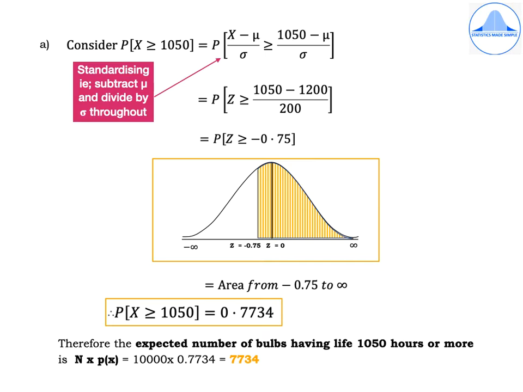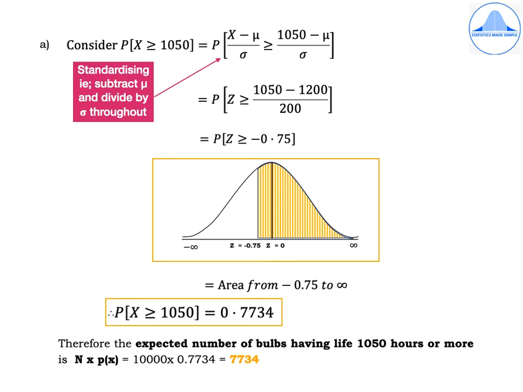Now let's draw the standard normal curve. The center line is z equal to 0. The extremities are minus infinity and infinity. Now minus 0.75 is a negative value, so mark it on the left tail of the curve. And you know that greater than or equal to minus 0.75 means what?